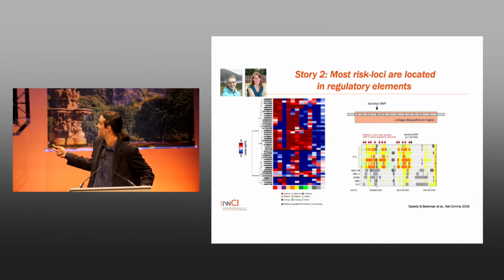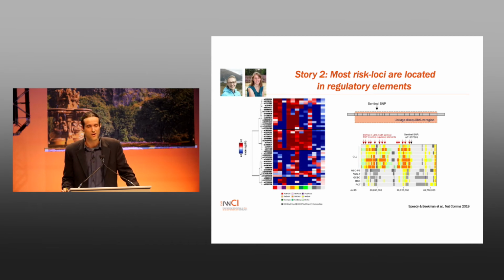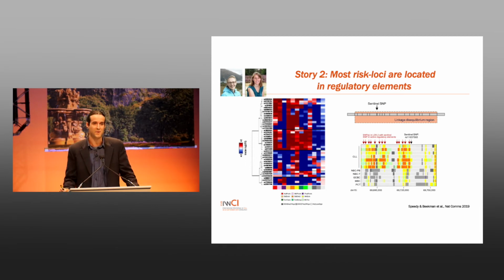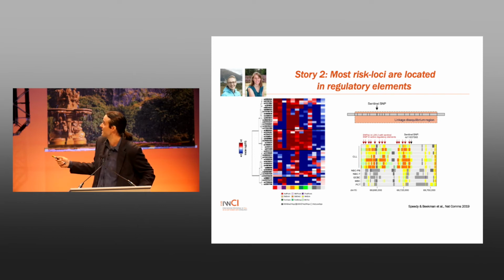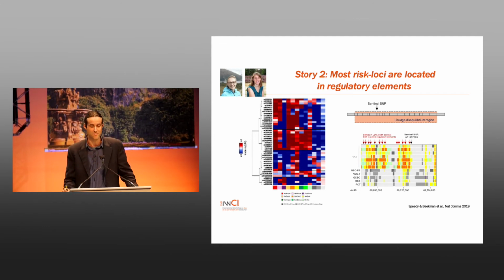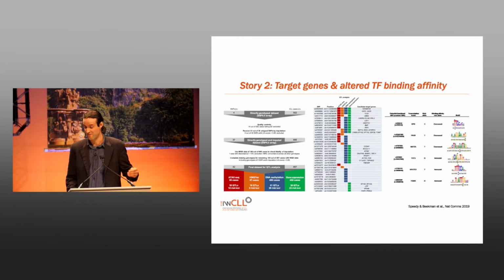And you see it's in a region that is gray, which is heterochromatin. It's not a regulatory region. But this complete linkage disequilibrium area actually contains a huge enhancer that becomes de novo active in CLL and contains many SNPs. So all these SNPs, or some of them, may be the ones that are actually functionally contributing to CLL development.